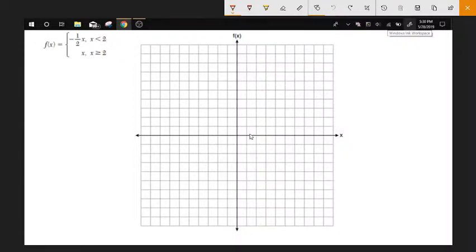Now let's erase that. So let's start off with that one. Let's try to put 2 into this equation. So we have negative 1 over 2 multiplied by 2, and that's going to get us a negative 1.